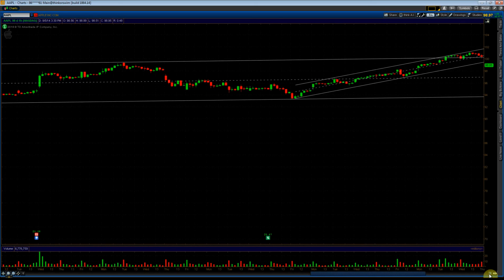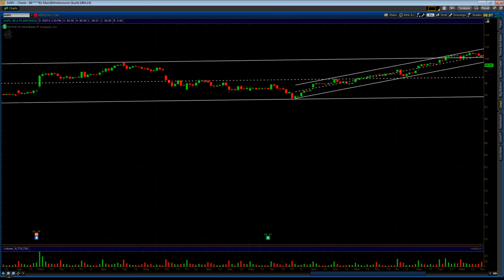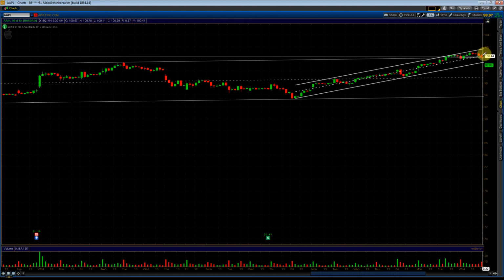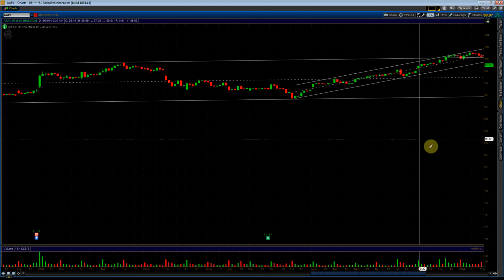And here, right here, may indeed have had you exiting. I can't quite tell, it might have closed right at the 50% line. I probably would say you needed to exit there personally.